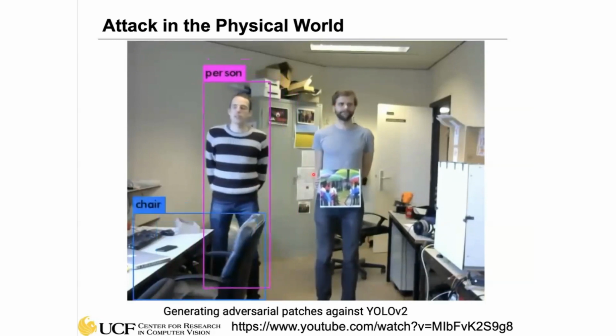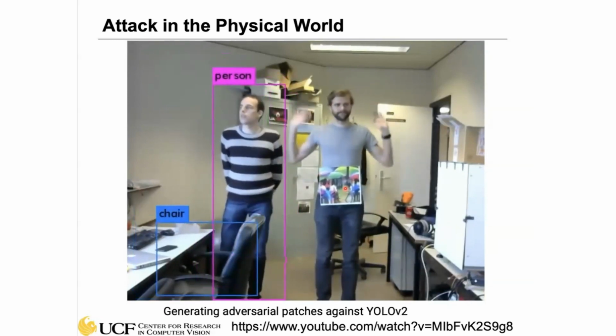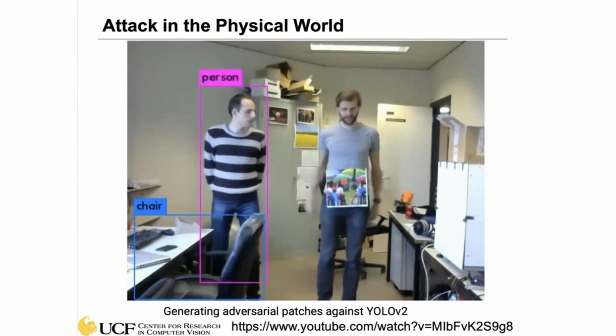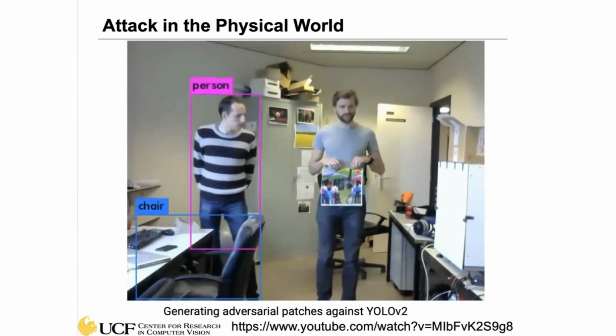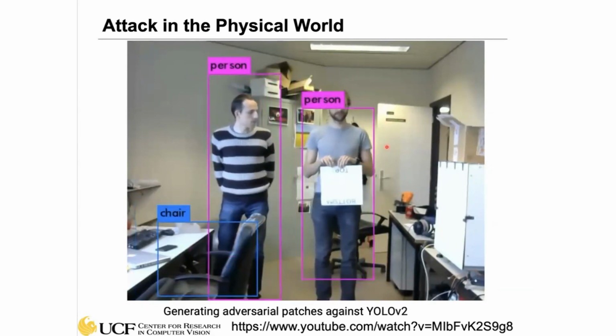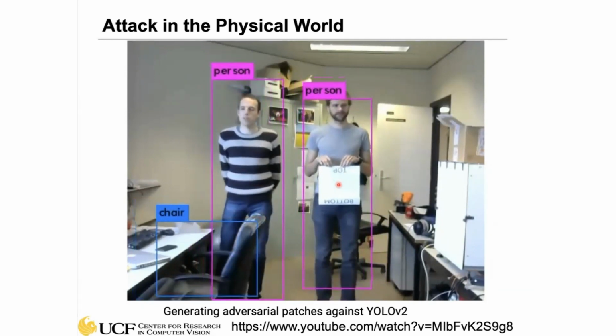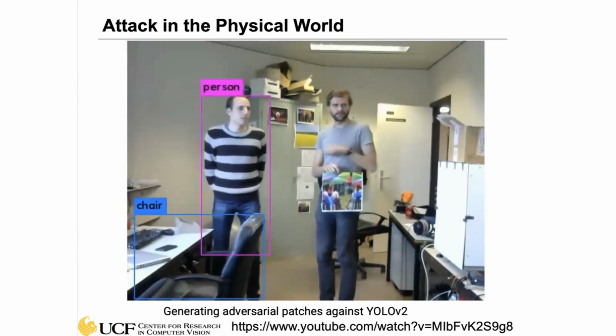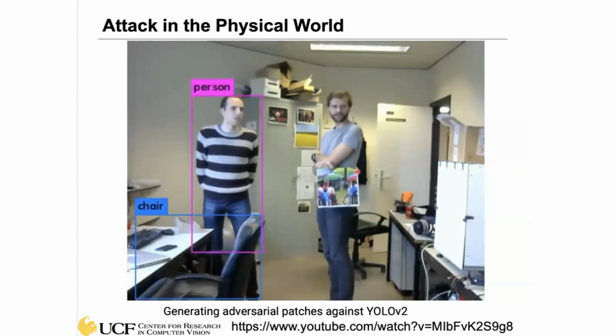But if you look on the right, this person wears this adversarial example here, right? This printout image, and this YOLO is not able to detect this is a person, right? When they flip over, without using this example, then it is able to make the prediction.